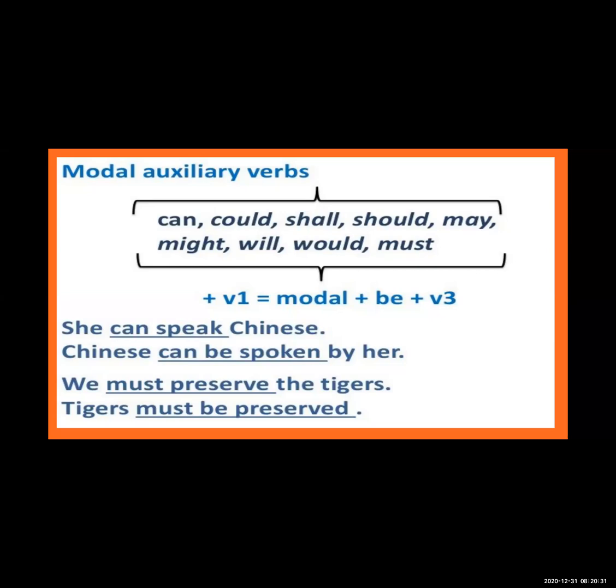Then the verb 3 form. What is the verb 3 form of speak? Spoken. And by whom? Simply you have to write by, and after that, she, you cannot write she as it is, because she will become her, as you have seen in the chart I showed you.